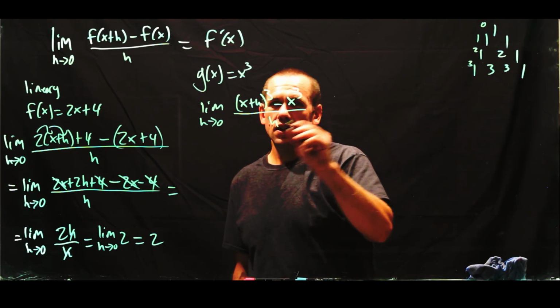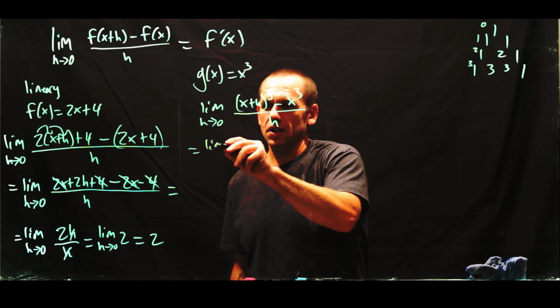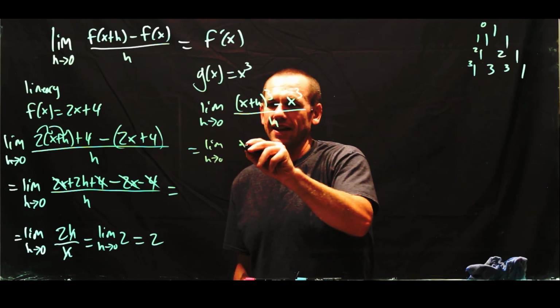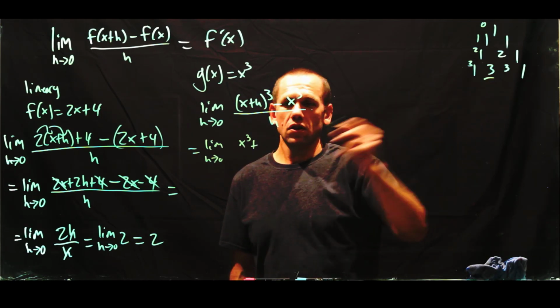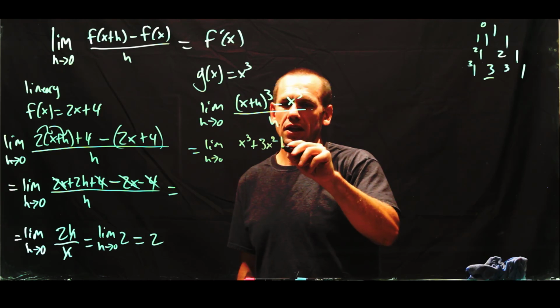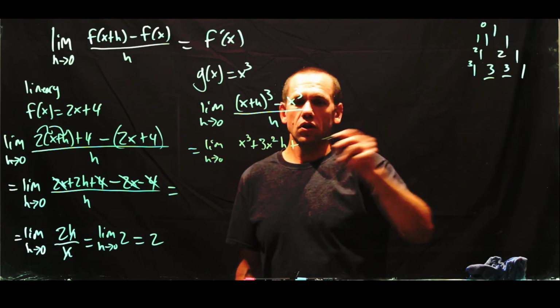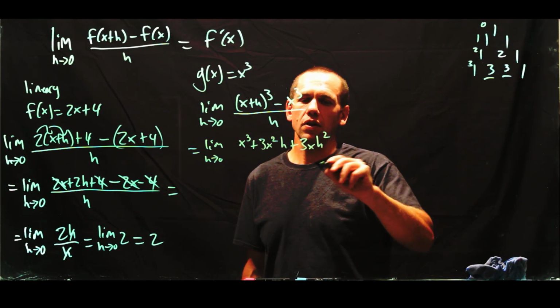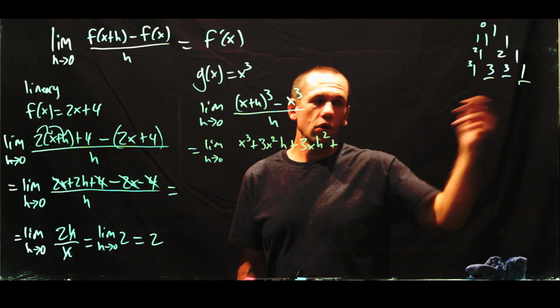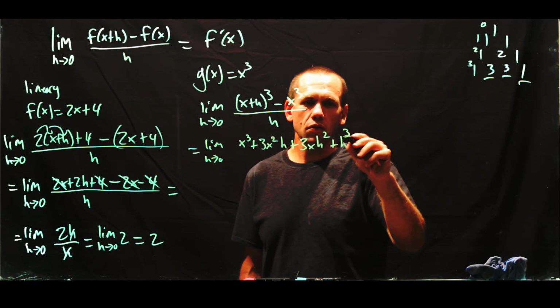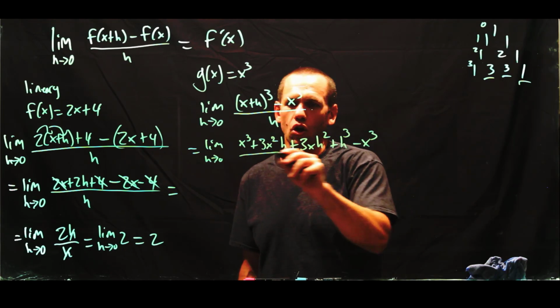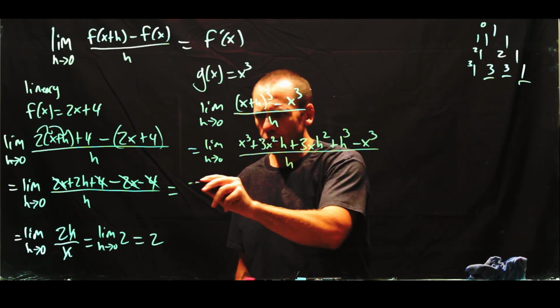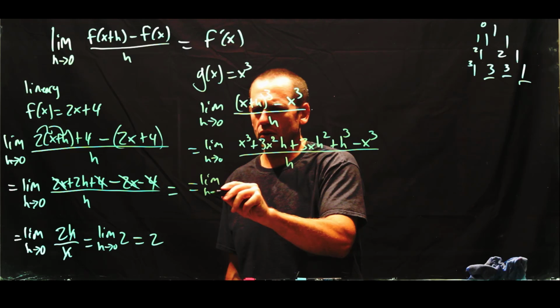So this is equal to the limit as h goes to 0 of x cubed plus 3x squared h plus 3xh squared plus 1 h cubed minus x cubed all over h, which is equal to the limit as h goes to 0.